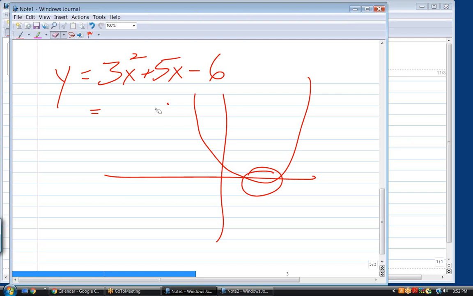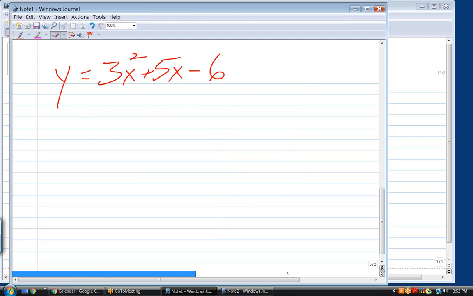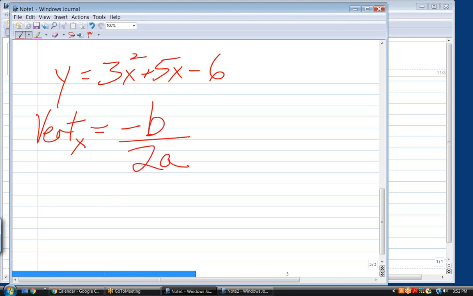Okay, so actually, rather than solving this, let's find out where its vertex is. Where is the x-coordinate of the vertex? What's the general formula for that? It's the first half of the quadratic formula, minus b over 2a. That's only going to give me the x-coordinate, but that's still going to be the easiest way to answer this question.